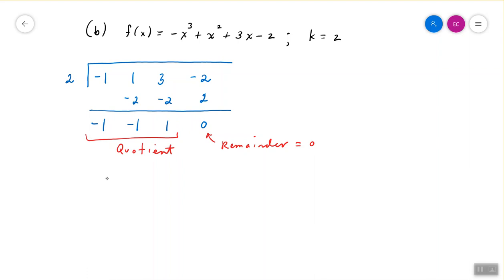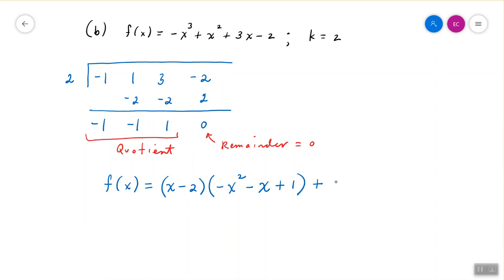And we know that we can write f of x as x minus k, which is x minus 2, times the quotient, which is going to start with negative 1 times x to the second power, negative x squared, minus x, and then plus 1.